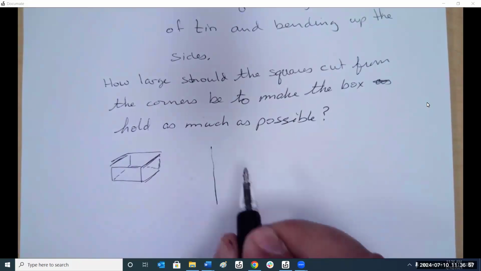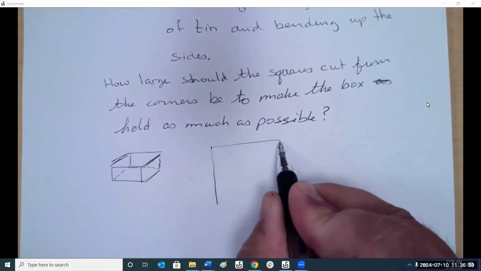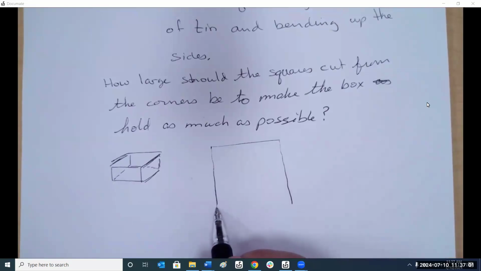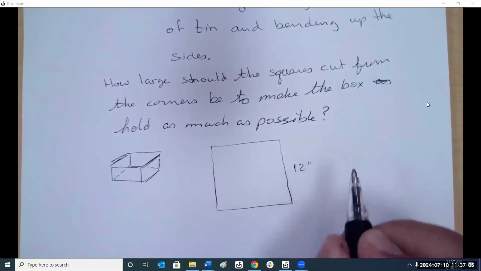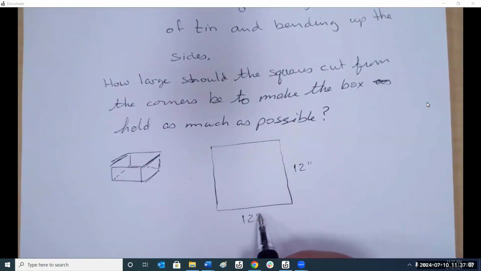It has to be made from a square sheet of tin, 12 inches by 12 inches.